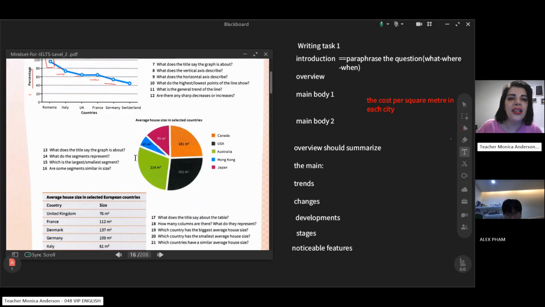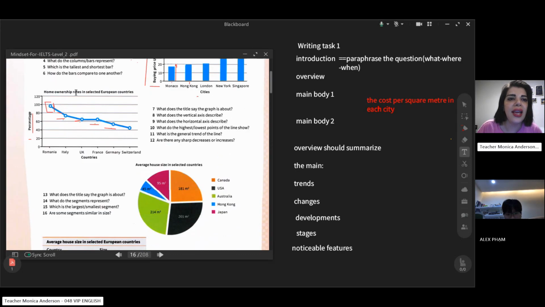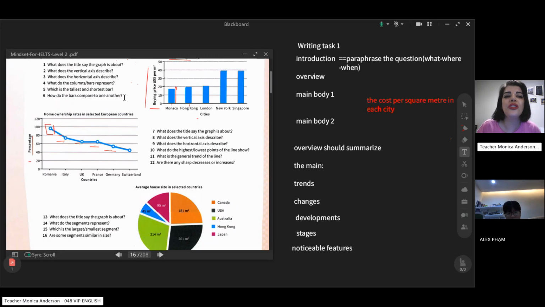Now let's keep going. How do the bars compare to one another? Just think about it and say how.